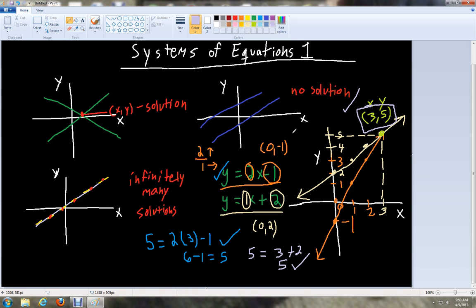If they're parallel lines, which was our second case, they have no solution because they don't intersect or meet; the slopes are the same and the lines don't touch. And in the last case, if you have coinciding lines, you'll have infinitely many solutions, where one line is basically the same as the other, tracing over each other.